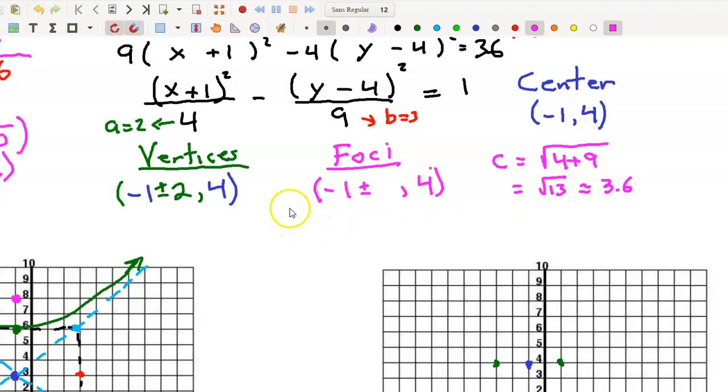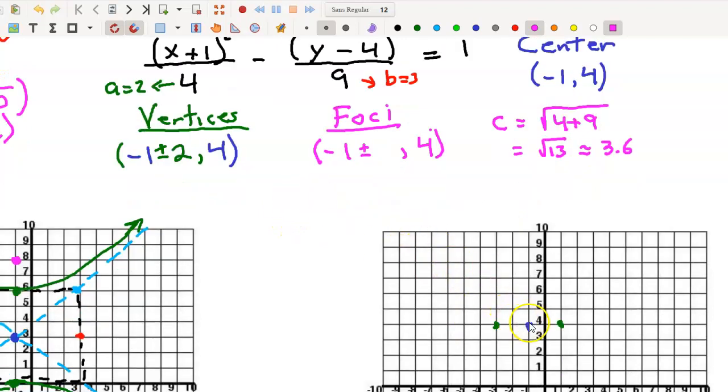Okay. So if this is 2, 3.6. And then our minor, which is 3, is now vertical. 1, 2, 3. There we go. Much better.